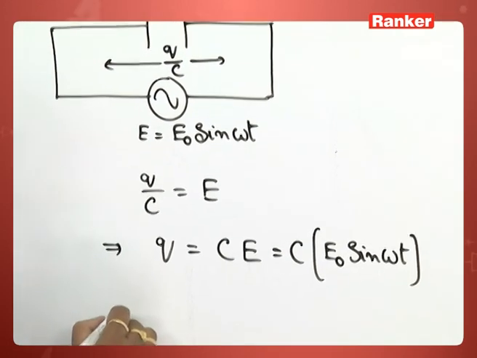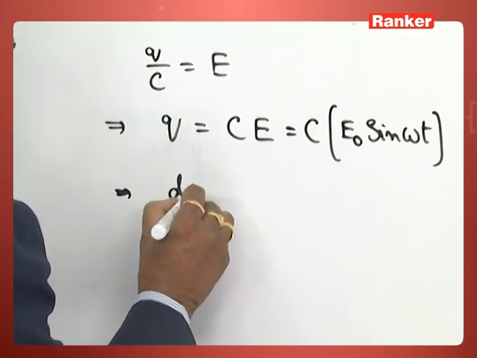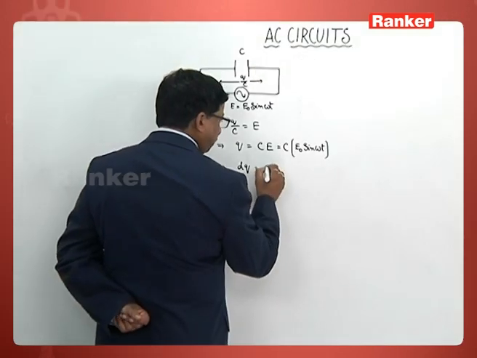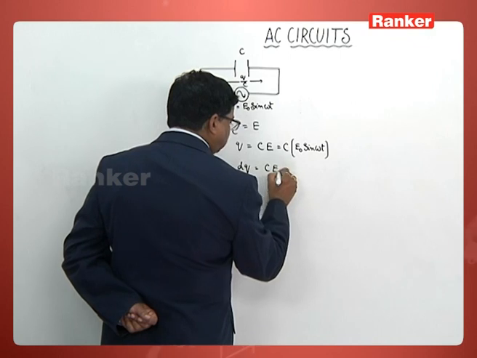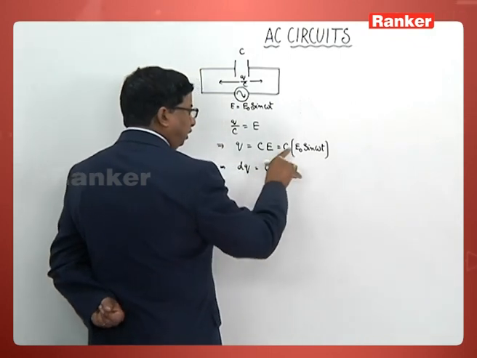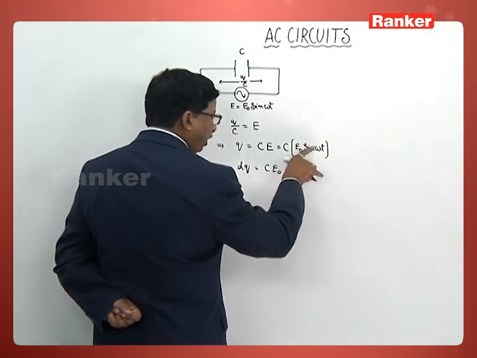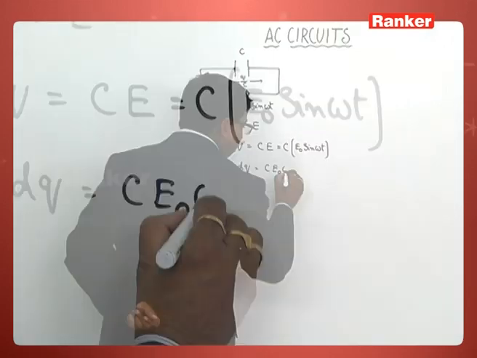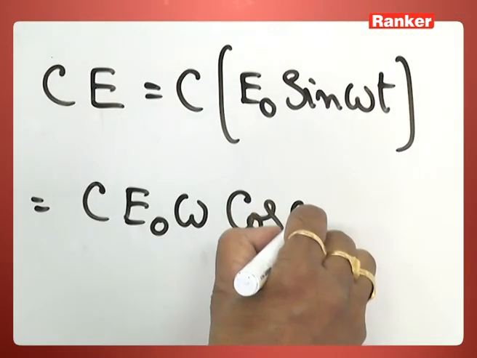We now can differentiate this one. dq is equal to C E naught. Now we have to differentiate that one with respect to time. This now becomes omega cos omega t.